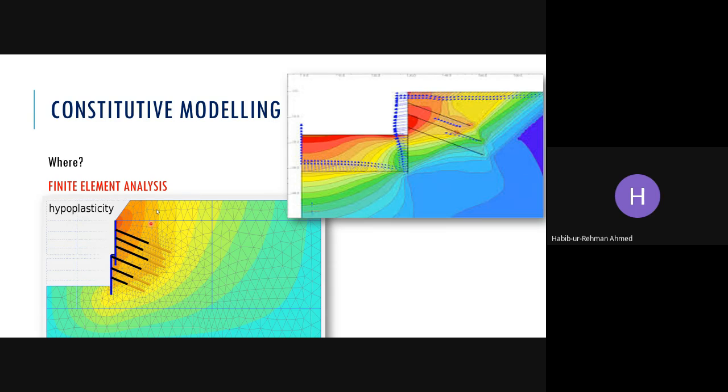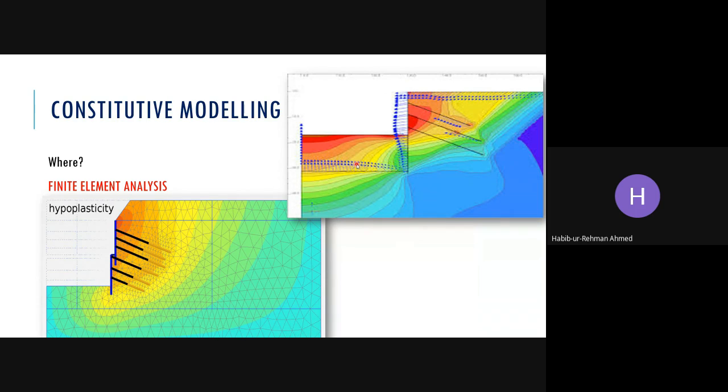For example, this is a finite element model of a retaining structure with anchors. The results show not only the shear failure, which we are always after, but also the deformation that should be expected during service loading. For example, there will be some movement of the wall in this direction, and movement of the base of the excavation over here.